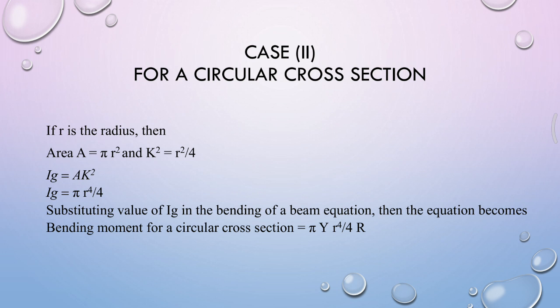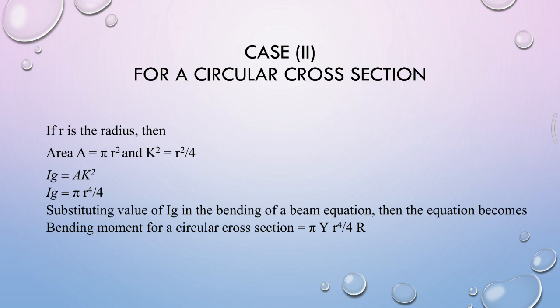For circular cross section, if r is the radius, then the area of the circle is pi r square and k square is r square by 4. Ig is equal to A k square, where A is pi r square and k square is r square by 4, that is equal to pi r to the power of 4 by 4.